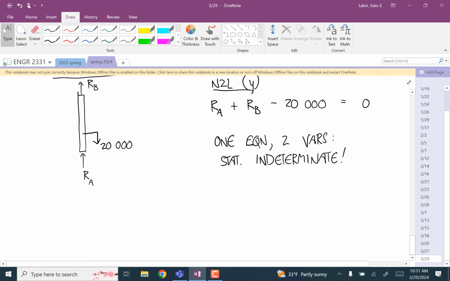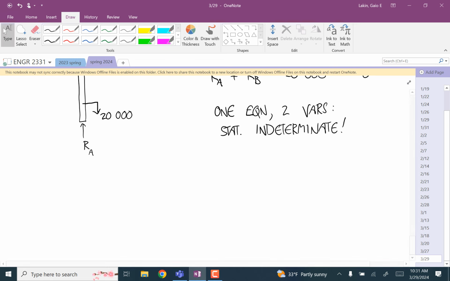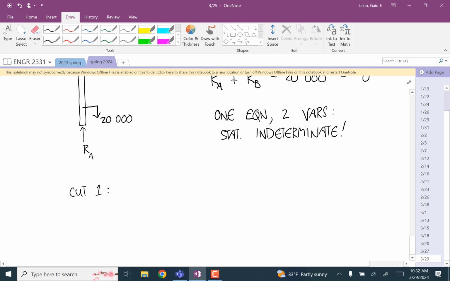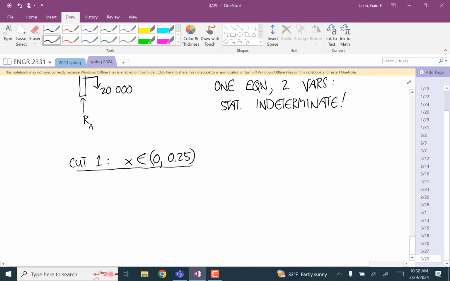We have to think about it a little more than that. So I'm going to do it in cuts. I'm going to think of it flat, where x goes from 0 to 0.25 meters. We have our RA like this.